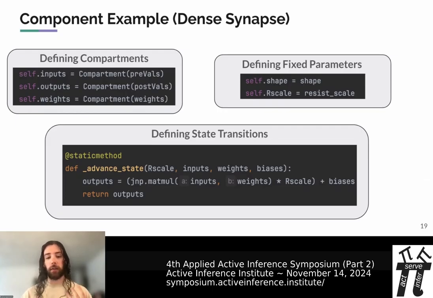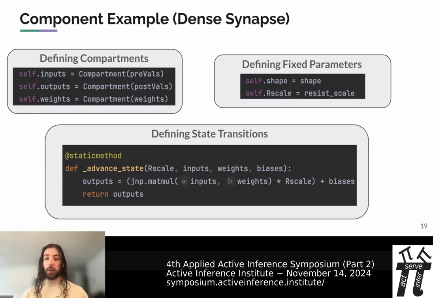And so finally, we have defining our state transitions. There are a couple things to note about this. We'll notice that our state transition definitions are static methods, and they have to be pure methods. So here we have advance state, and we want to still be able to use our scale, inputs, weights, and biases inside of advance state and have them all correlate to the values that exist inside of our component.